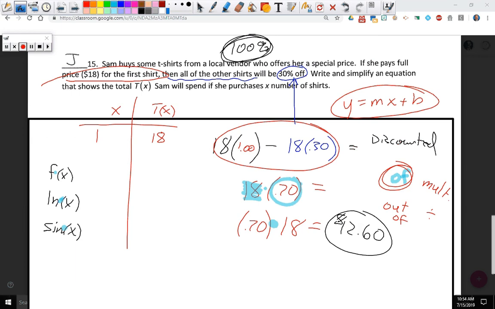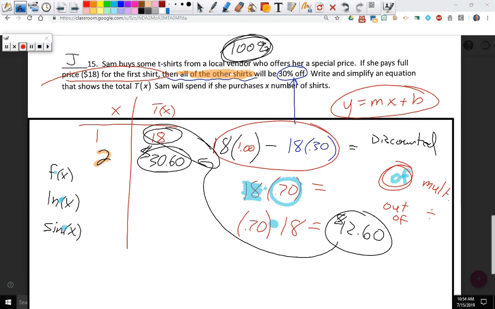So, because of this, if I put 2 here, showing that I bought 2 shirts, someone tell me what number goes there. 30.6. Otherwise, $30.60. Why? Because it was 18 for the first one, 12.60 for the second one, but added together gives me a total of $30.60.